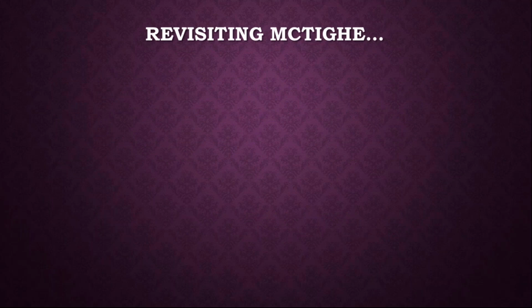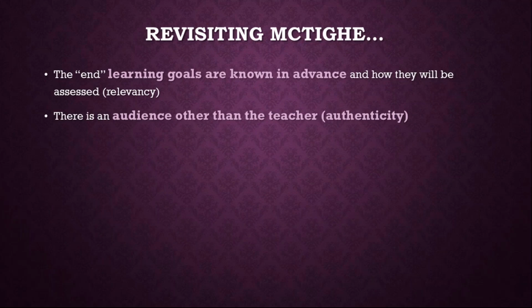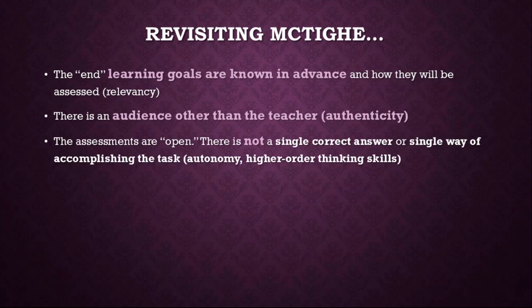Let's review the characteristics of assessments that enhance learning as identified by McTighe and Wiggins. The first characteristic is related to the concept of relevancy. Having an audience other than the teacher promotes the concept of authenticity. Open-ended assessments reflect both autonomy and higher order thinking skills.